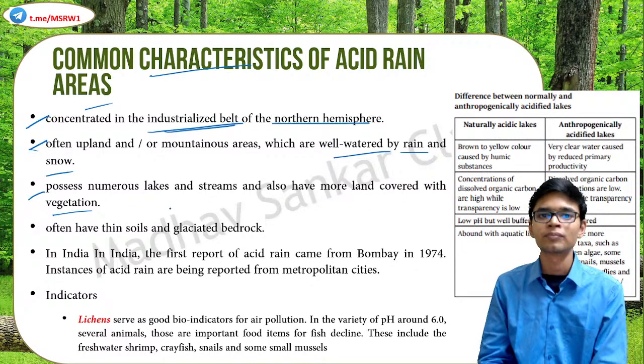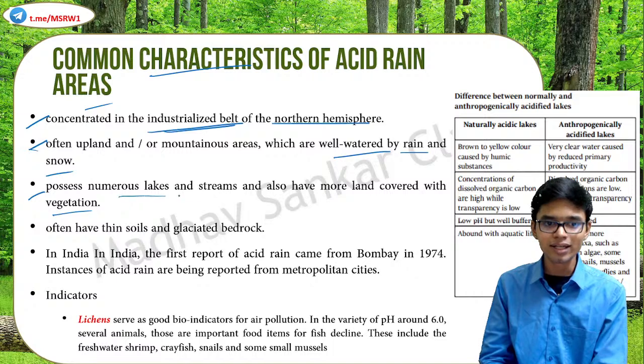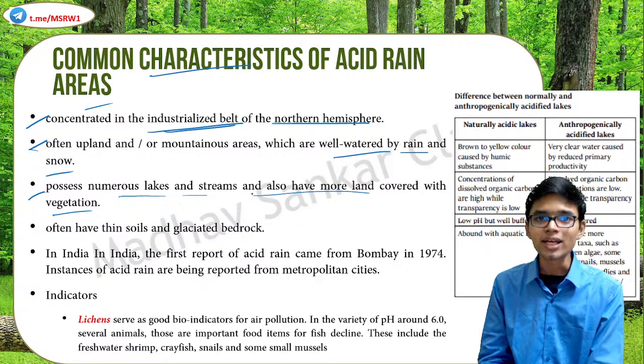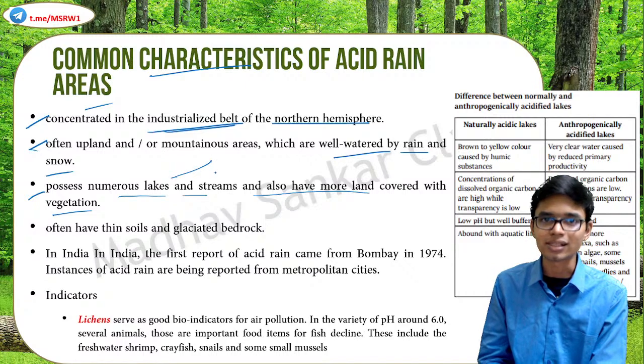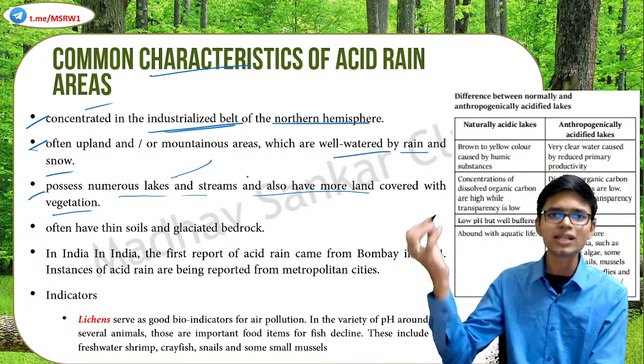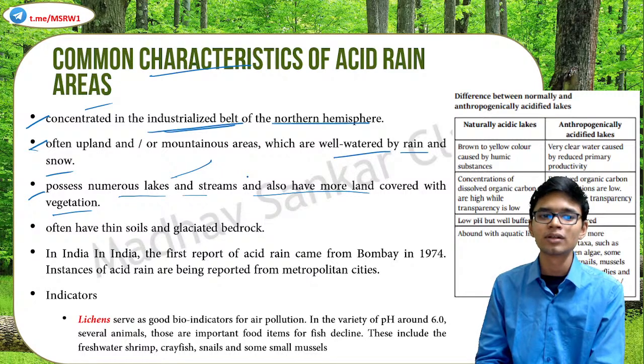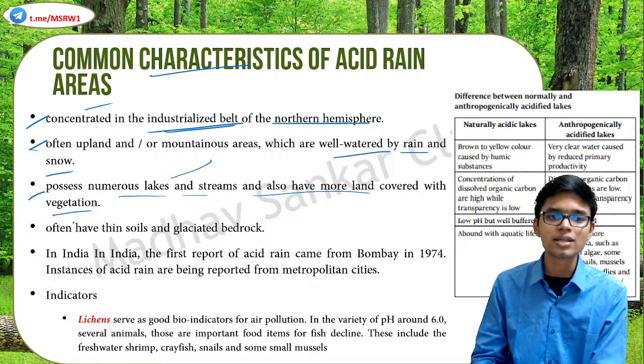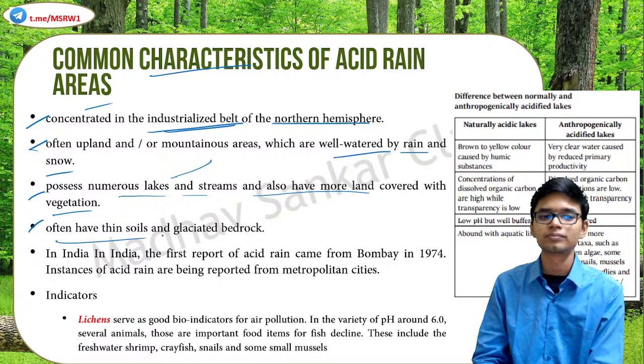Also correct, because these are the conditions that favor precipitation. So if these conditions coexist with industries and factories, then obviously acid rain will occur. They often have thin soils and glaciated bedrock. Yeah, correct.